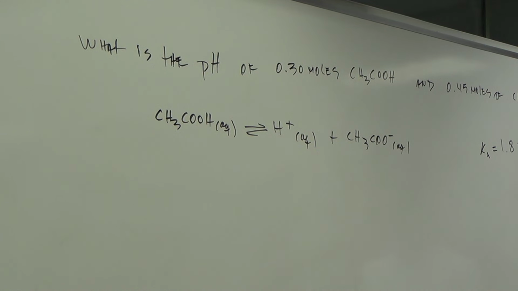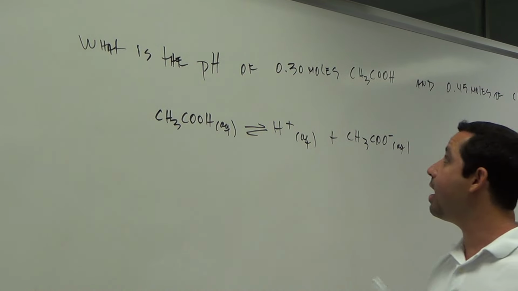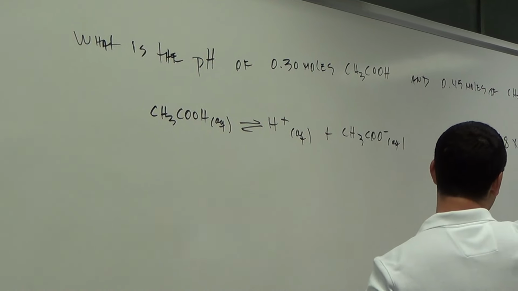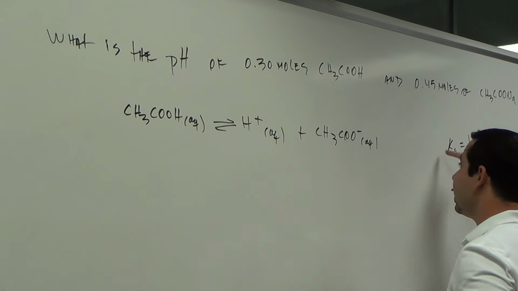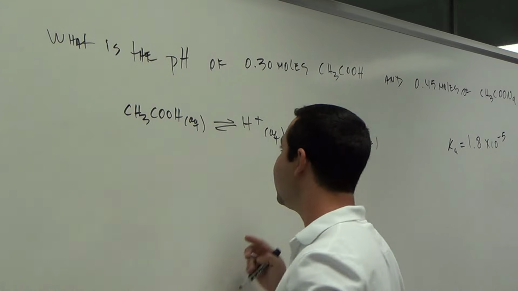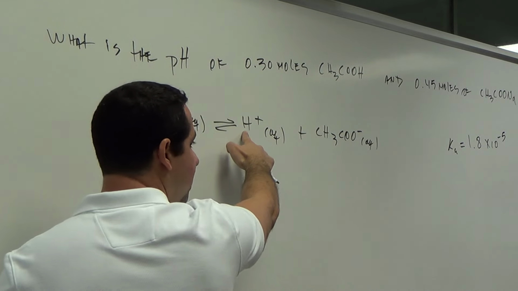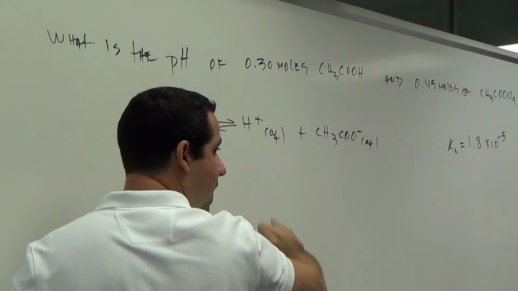Initial concentrations and the Ka, you can find equilibrium concentrations. Or if you have initial concentrations and I give you equilibrium concentrations, what can you find? The equilibrium constant. Yes? So here we have initial concentrations and Ka. And I am asking for pH. And pH is an equilibrium amount found from the ICE chart, yes?